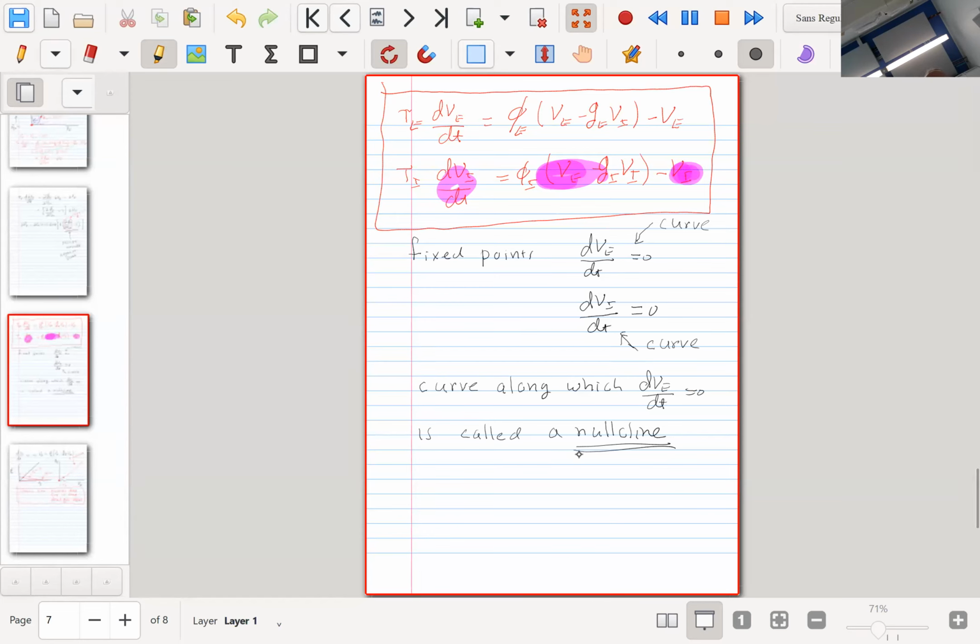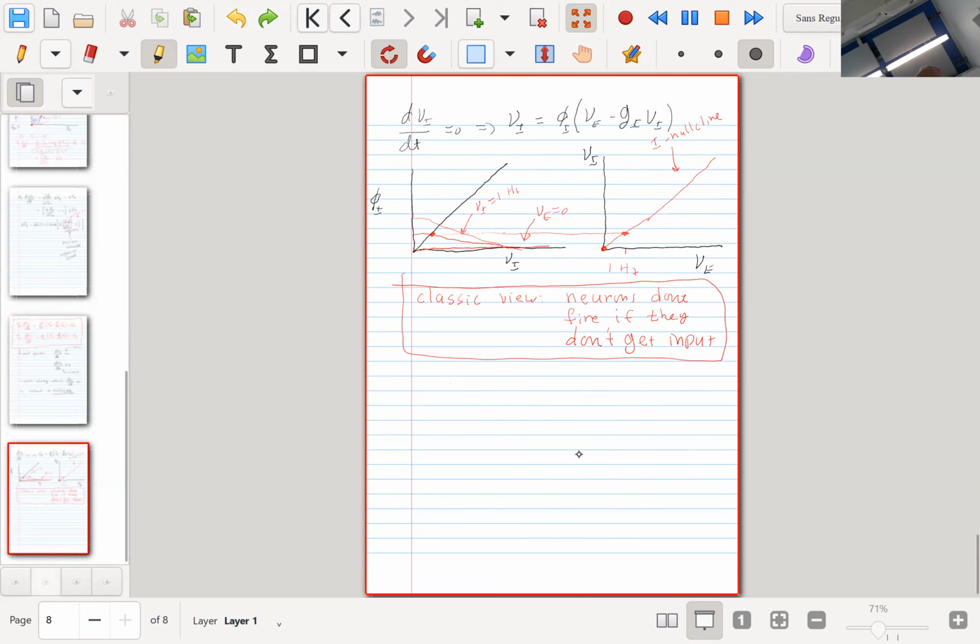If nu I is really big, it's going to be negative. And what that means on this curve is the dynamics is in this direction and this direction.